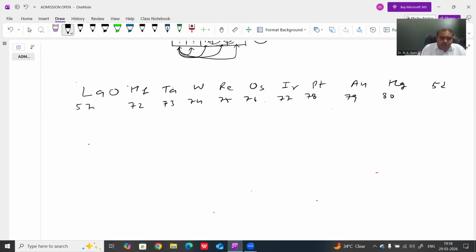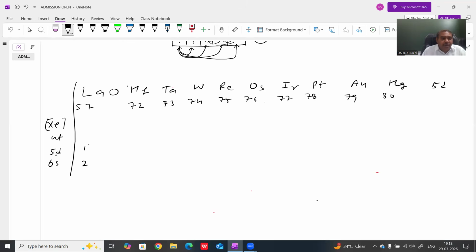Before the 5d series, the inert gas is xenon, atomic number 54. Then electrons enter into 6s2, and then electrons enter into 5d. Electrons enter exceptionally into 5d in lanthanum. Actually, the first electron should enter into 4f, because according to the n plus l rule, the energy of the 4f orbital is less than 5d.